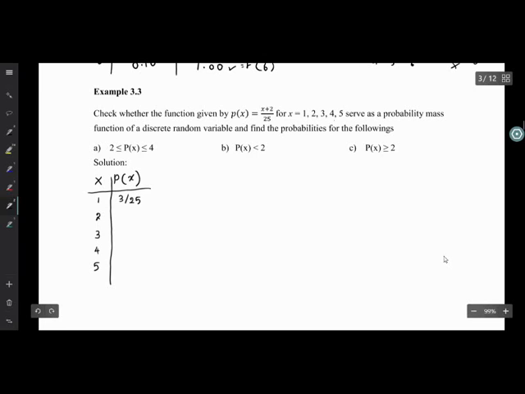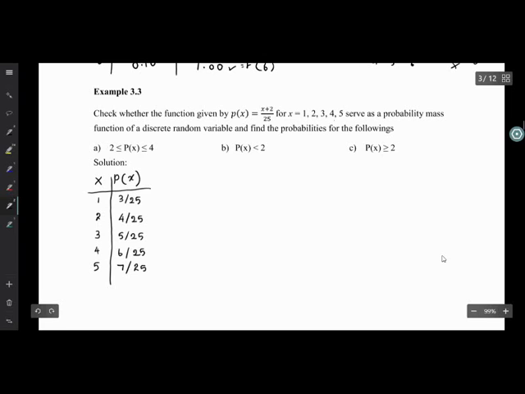When x is 2, you have (2 plus 2) over 25, which is 4 over 25. When x is 3, 3 plus 2 is 5 over 25. When x is 4, you have 6 over 25. When x is 5, it will be 7 over 25.